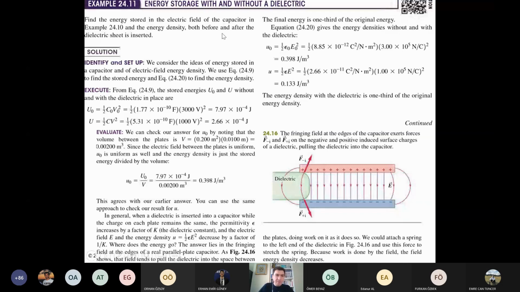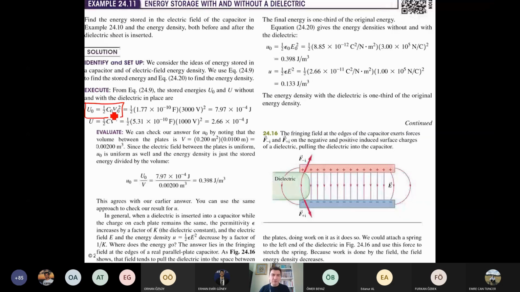So the initial energy stored in the capacitor is given with U0 here, and it is written as 1/2 C0 V0 squared. We have learned this during the last lecture, and the initial capacitance of the capacitor is calculated, and the initial potential difference is known.